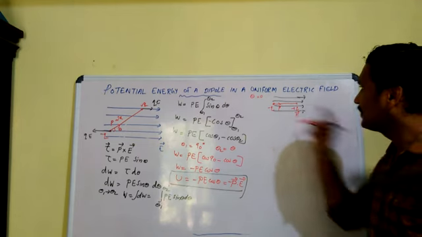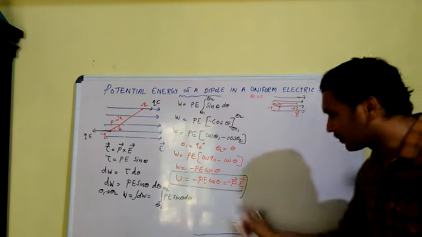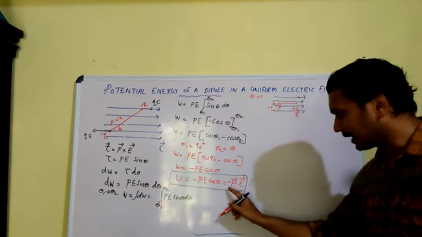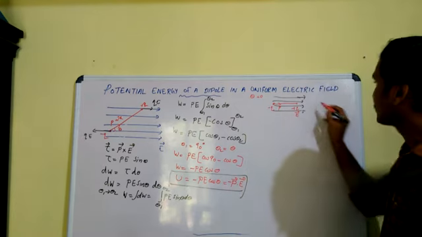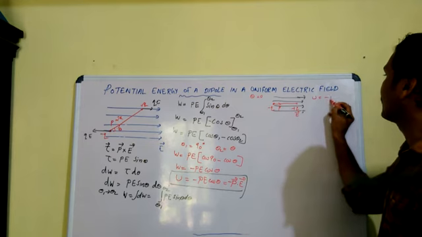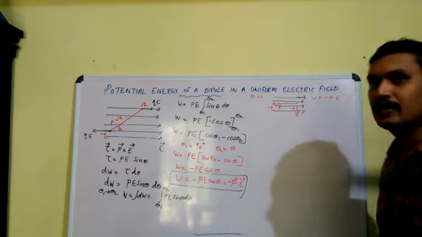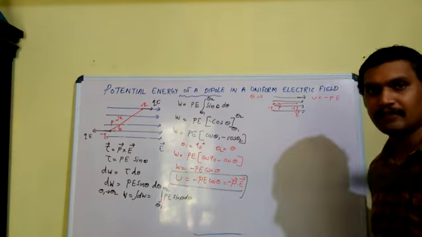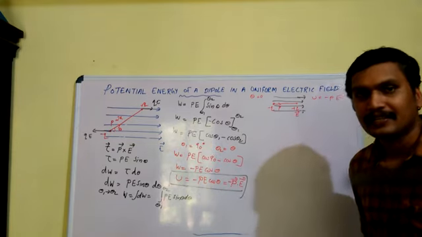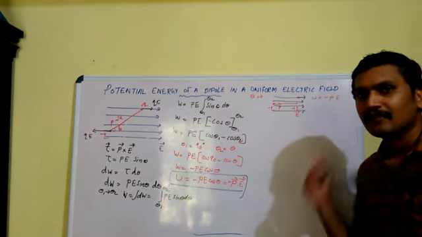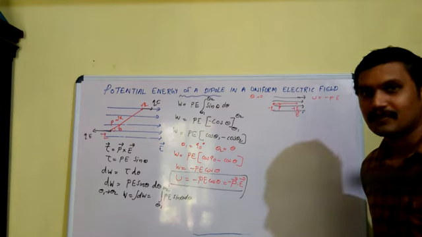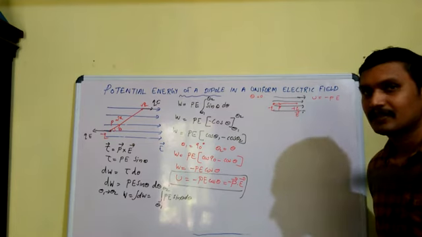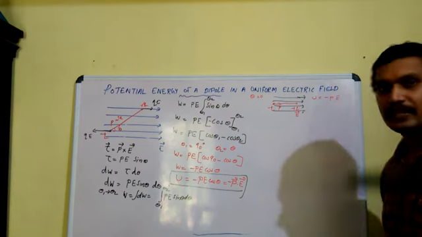If p and E are parallel, what is the potential energy? The angle is 0, so the potential energy is minus pE. This is the minimum value of potential energy. If the potential energy is minimum, we can say it has more stability. The dipole is more stable if it is aligned parallel to the electric field.